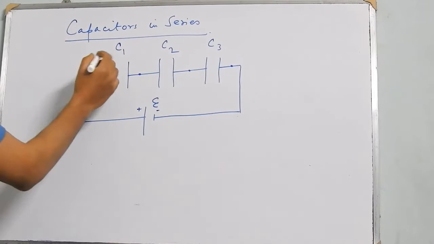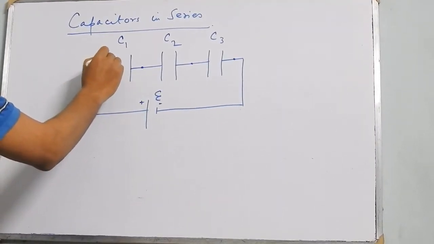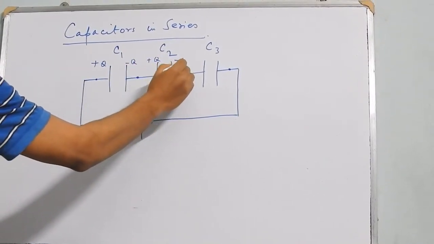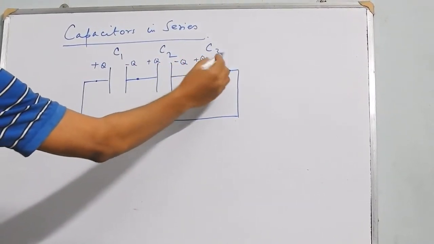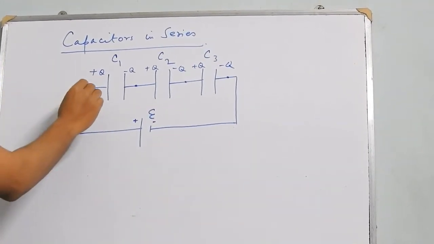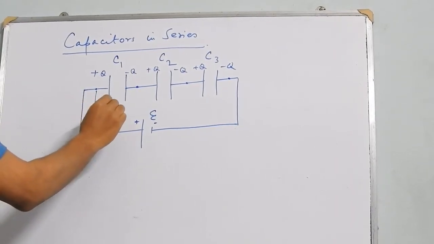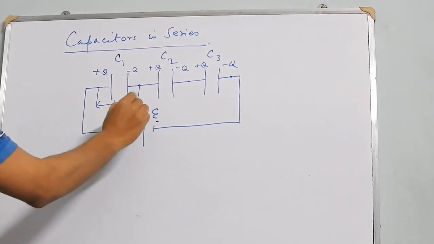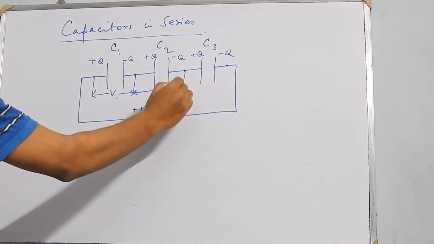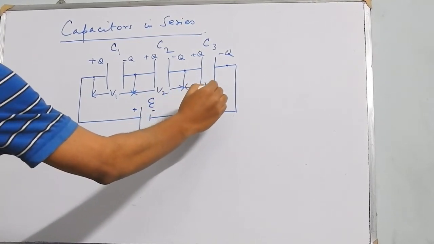So let charge Q deposit on the plates of the capacitors, plus Q minus Q, plus Q minus Q, plus Q and minus Q. And the potential difference across the ends of the first capacitor is suppose V1. At the ends of the second capacitor it is V2, and at the ends of the third capacitor it is V3.